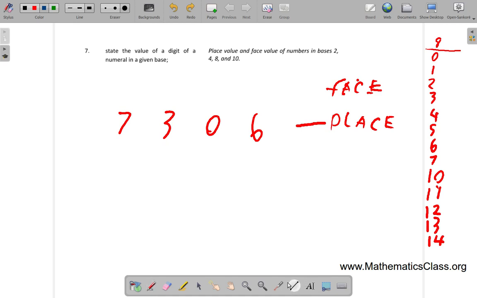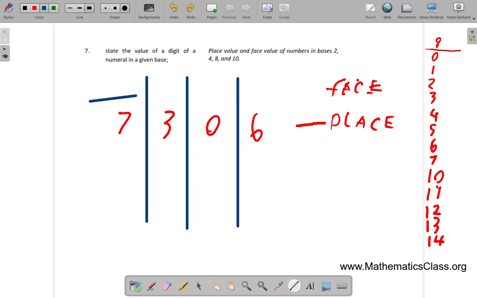Let's make a little table here. I feel a bit more comfortable using a table when I'm not that familiar with the number base, right?